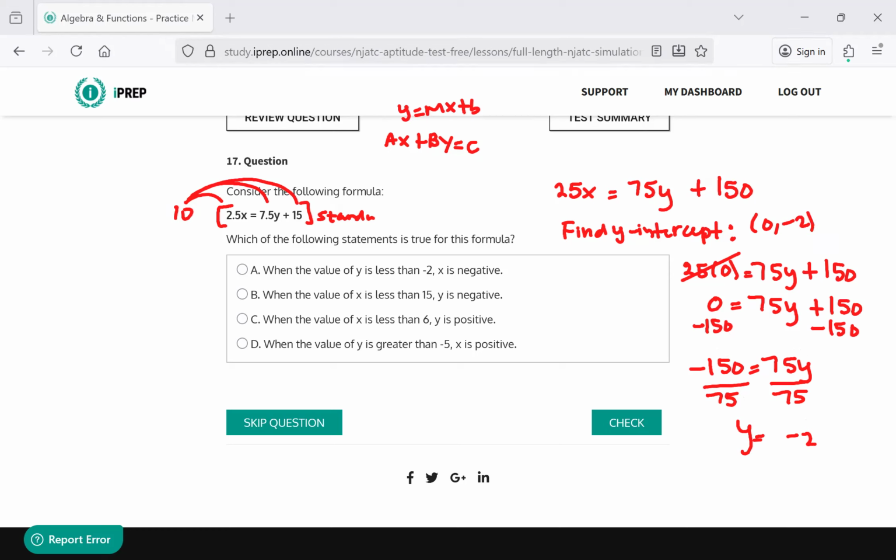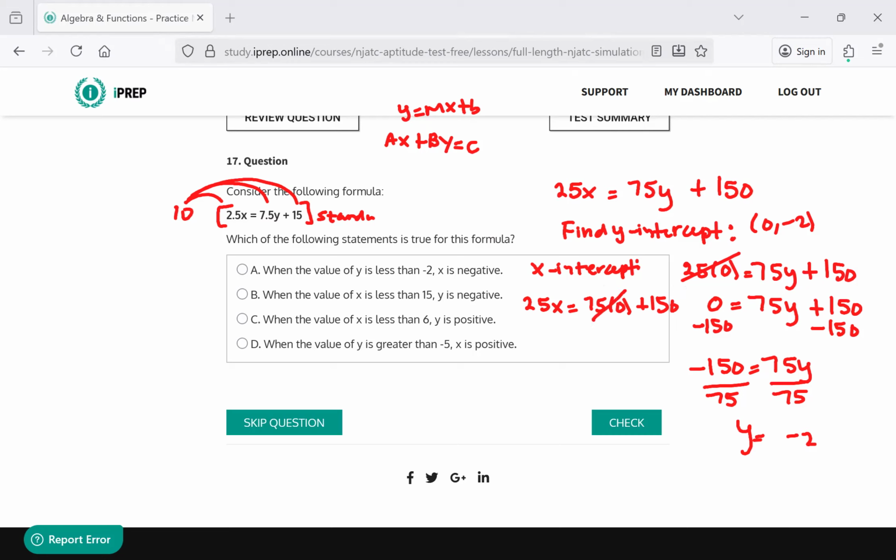Now let's find the x-intercept. How do you find the x-intercept for any graph? You simply set y to 0 and solve for x. So it's going to be 25x equals 75 times 0 plus 150.